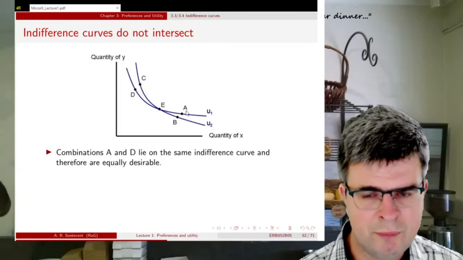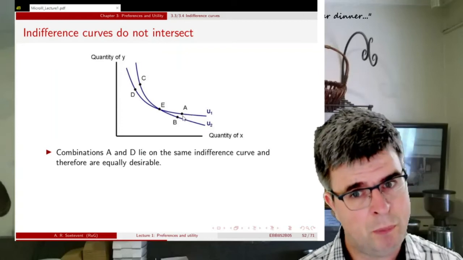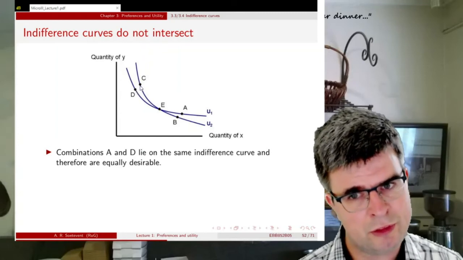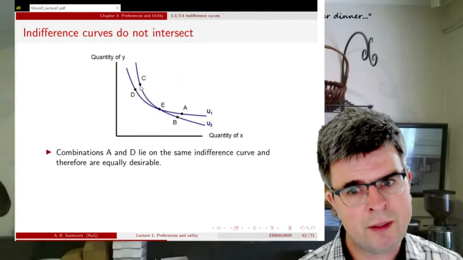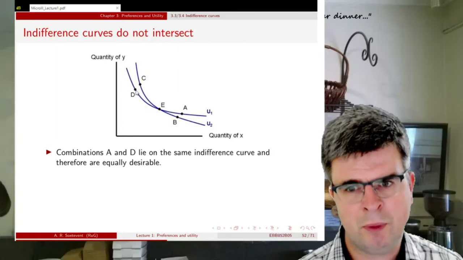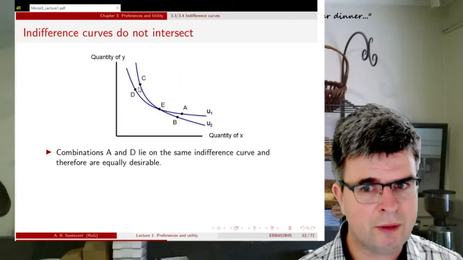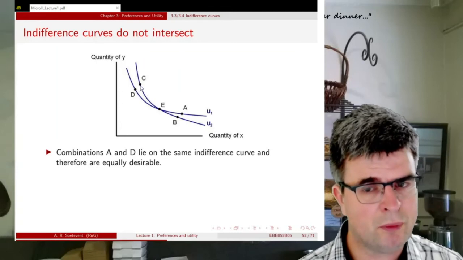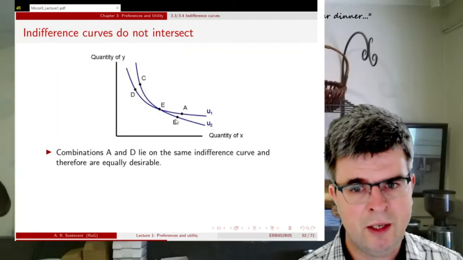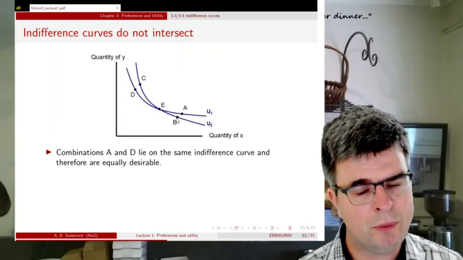If you look at U1, you have to conclude that the person is indifferent between bundle A and bundle D. But if you compare bundle D to bundle C, you observe that bundle C has more units of X and more units of Y compared to bundle D. So monotonicity leads you to conclude that the individual must strictly prefer bundle C over bundle D. Following similar reasoning, you conclude that the person will prefer bundle A over bundle B.